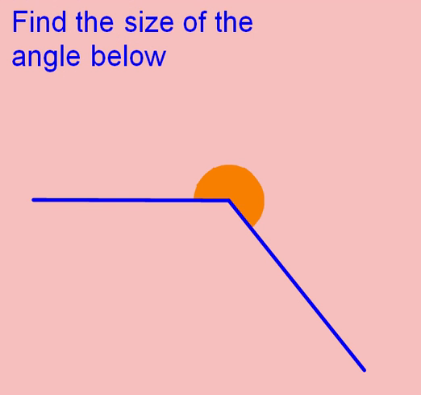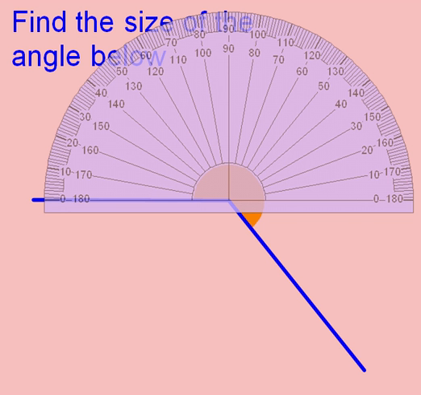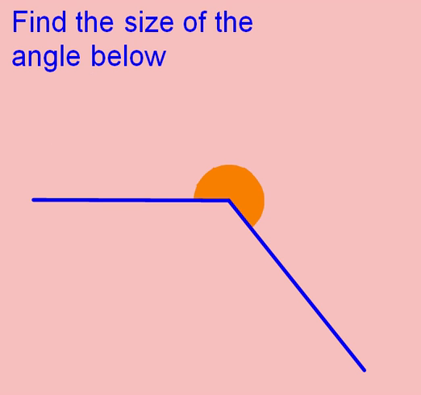I now want to measure the size of this reflex angle. When I put my protractor onto the angle, I can see that the angle is actually more than 180 degrees. I need to do this in a slightly different way then. The first thing I'm going to do is extend this line here. I now know that this part of the angle is exactly 180 degrees.